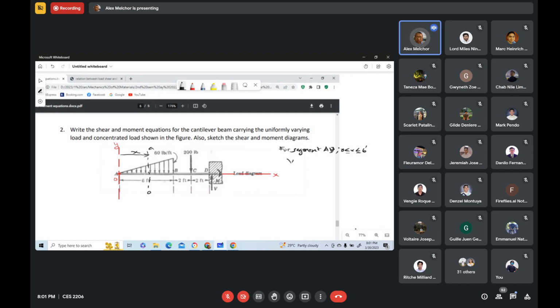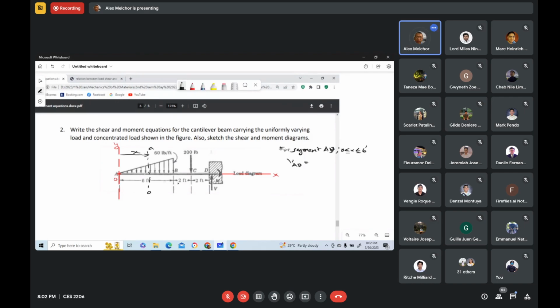Okay, so the shear equation for segment AB: you cover the right portion of section AA. Then you use the shear equation.